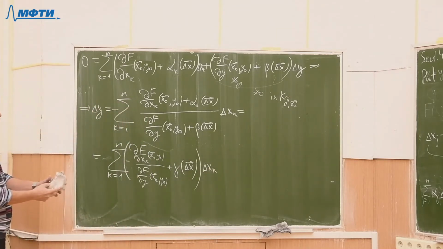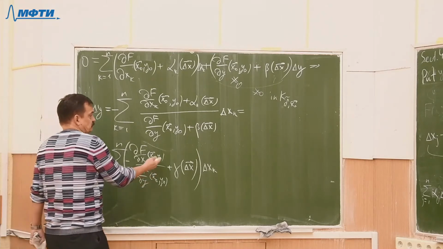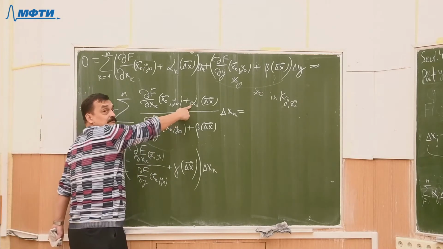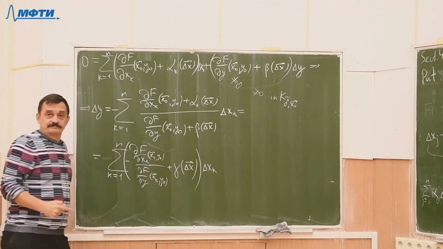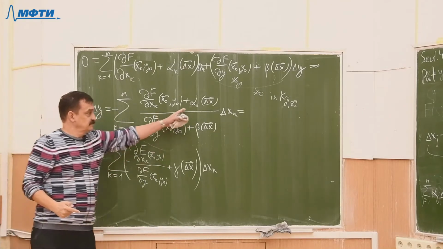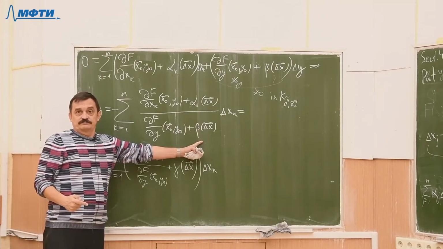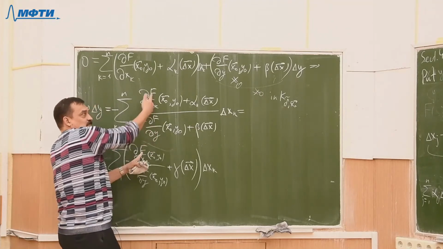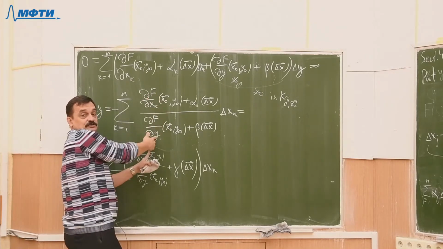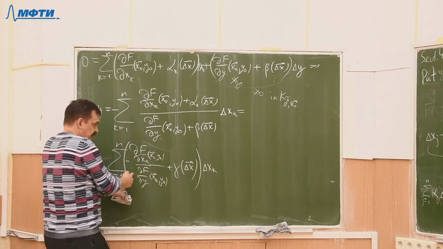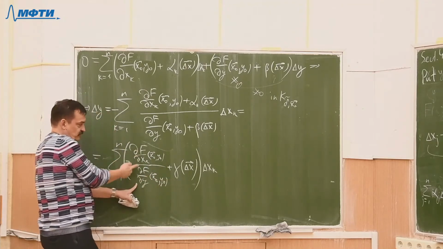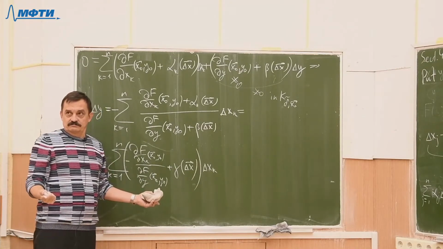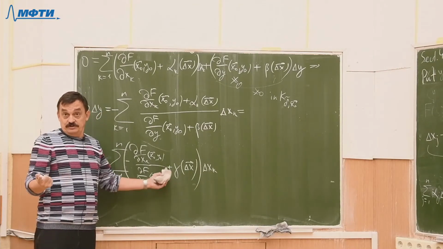So look, what do we know about alpha k and beta? Both tend to 0, right? So it means this ratio tends to the ratio of those partial derivatives, right? So I can write it like that: this ratio of partial derivatives plus something which tends to 0.